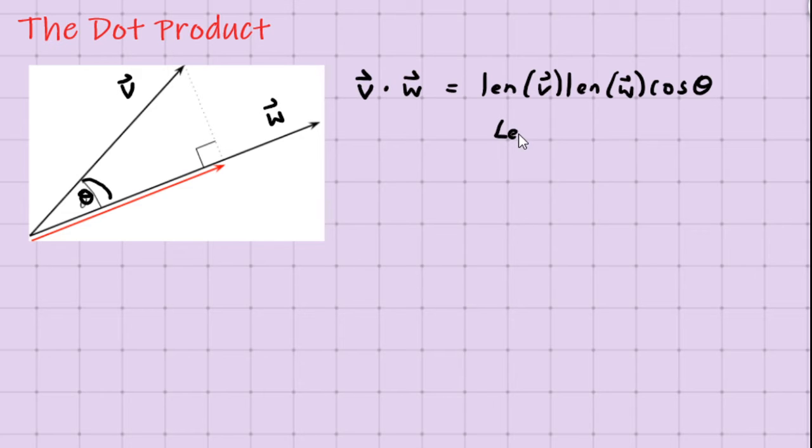So you'll notice that in this definition we are only considering length and angle. At no point have I talked about the coordinate system because it's not important. That vector v is the same in any coordinate system.